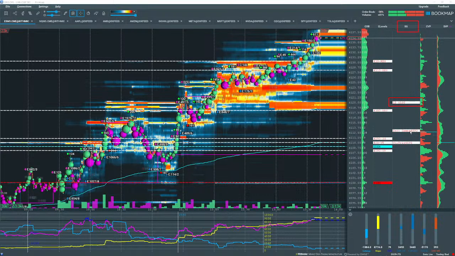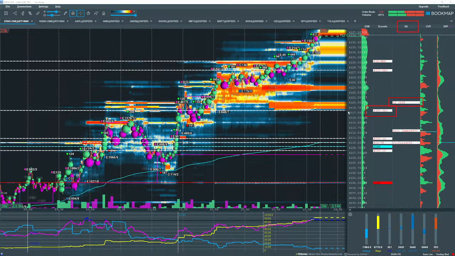And right now, Spotgamma, I believe, is using about a 20-point difference between ES and SPX. And I calculated that difference this morning at 18 points. So I'm showing the SPX levels at an 18-point difference. So this 4100 level, the equivalent level for ES is 4118.